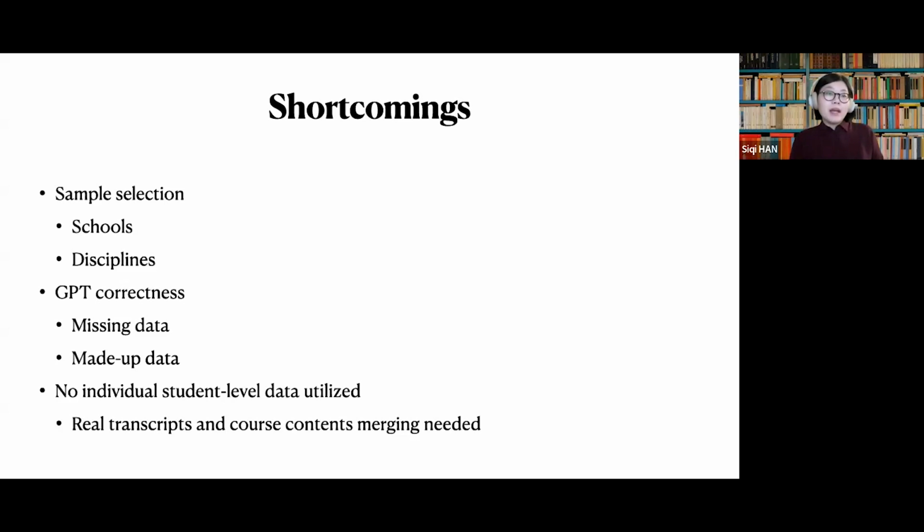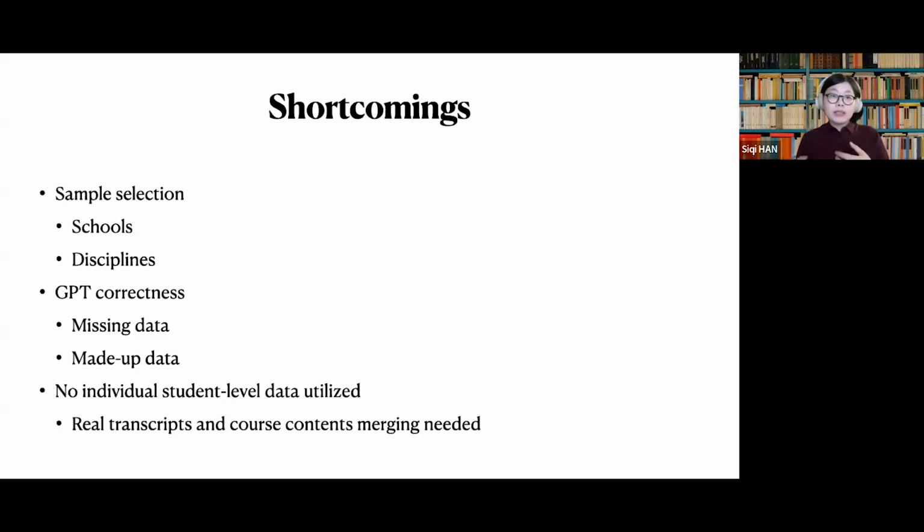But now, there are emerging data sets that offer de-identified transcripts of college students at a few different institutions. This is a collaborative work with Michigan, UC1, and, I think, 7 to 9 different universities that are collaborating to make their transcripts available with restricted access.